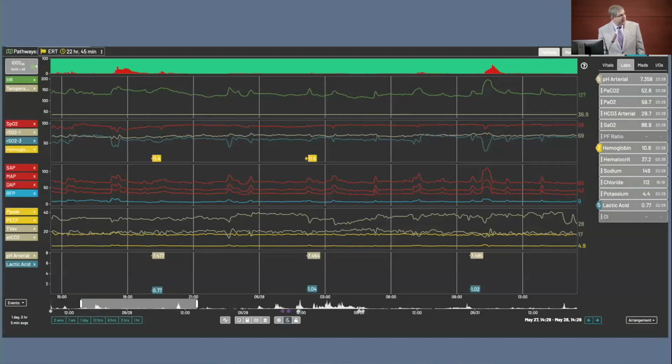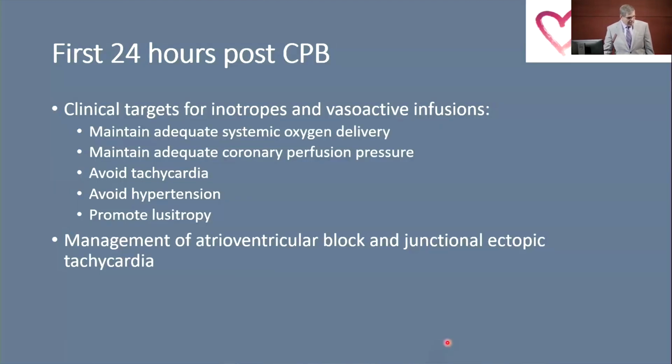It is helpful to have everything in front of our eyes in a dynamic way in platforms that allow for high-resolution presentations of multiple streams of data at the same time. So hemodynamic data, ventilator data, and the biochemical markers. The first 24 hours.